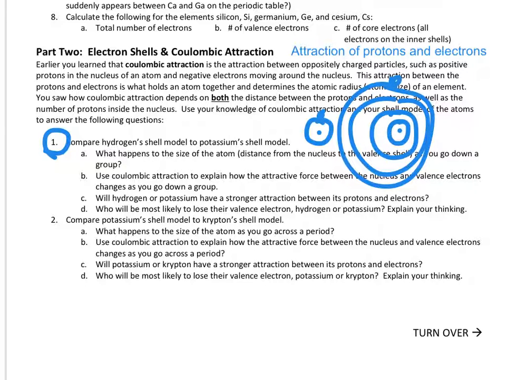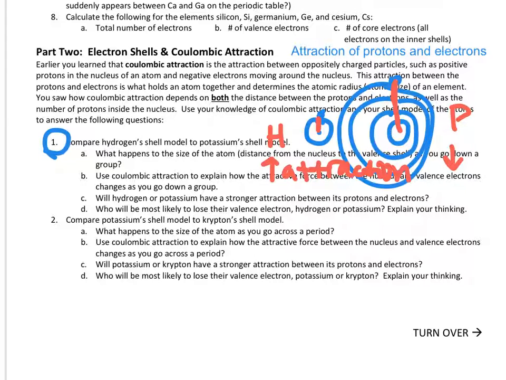So the distance between the positive protons in the nucleus and that valence electron on the outside is super small for hydrogen and a lot larger for potassium. So we said hydrogen is going to have more attraction, and potassium is going to have less attraction.